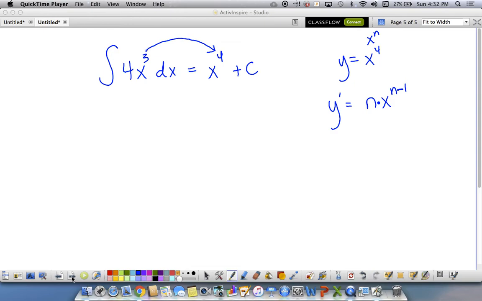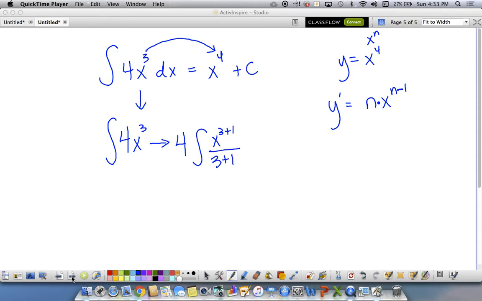And instead of multiplying by n, can we simply divide by whatever that number is we're going to? Yes. So I'm going to take this 4x cubed and do a little trick with it. If I'm taking the integral of 4x cubed, can we simply say, pull our 4 out, and have an integral of x cubed, but then we take that exponent n plus 1? Then we're going to have to divide by that n plus 1.